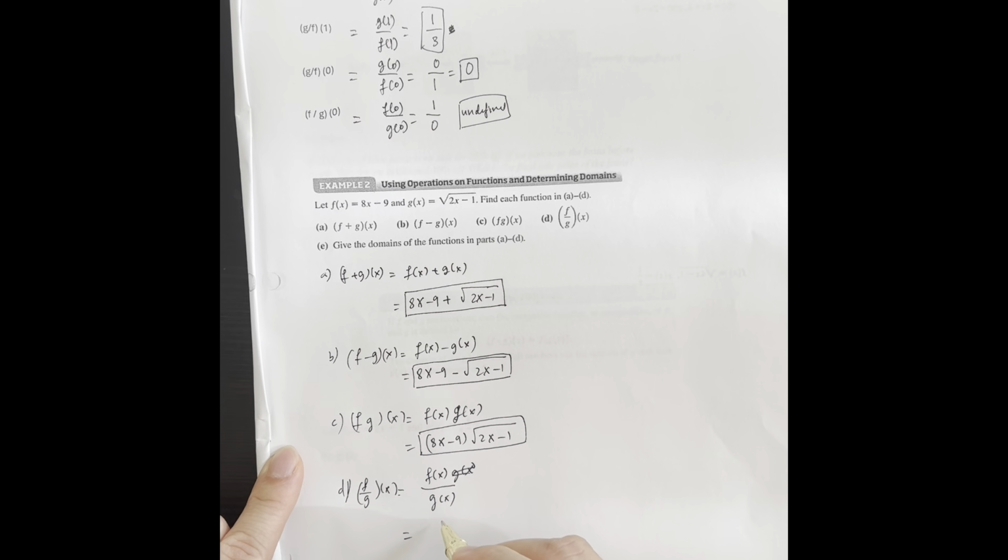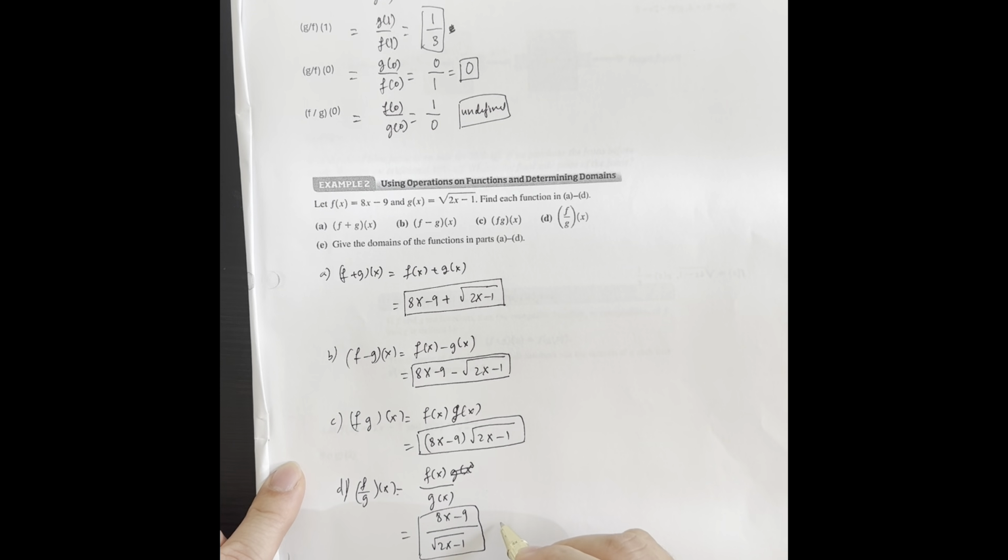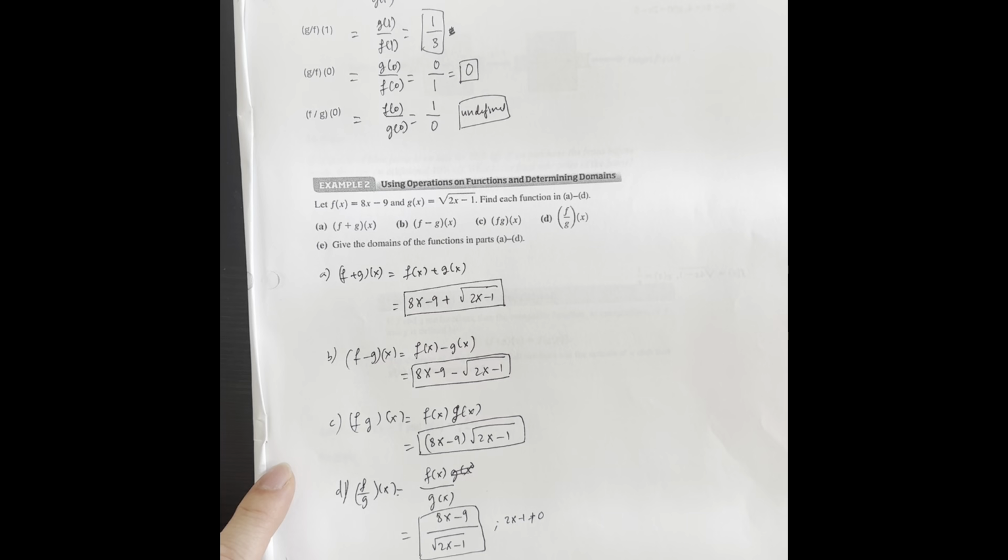So that's 8x minus 9 divided by square root of 2x minus 1. But then you condition that 2x minus 1 cannot be 0. So let's look at the domain in this function as well.